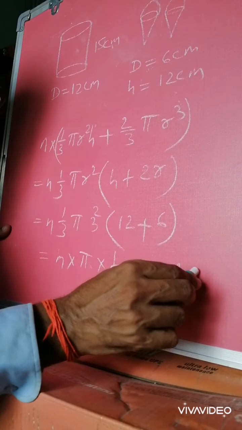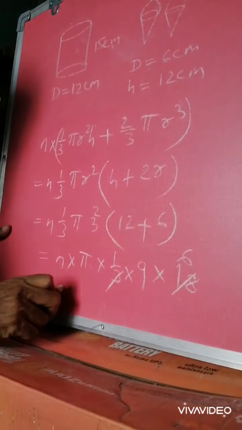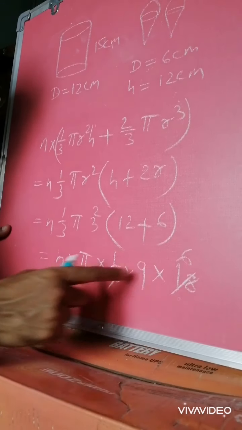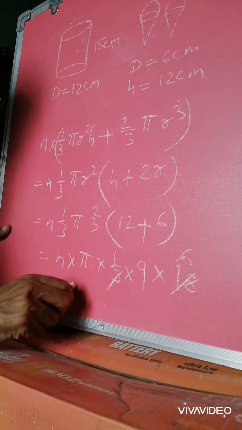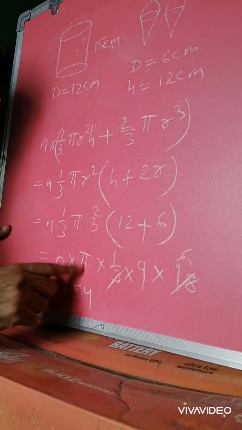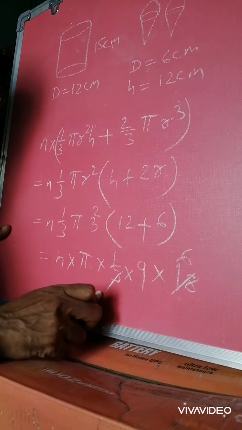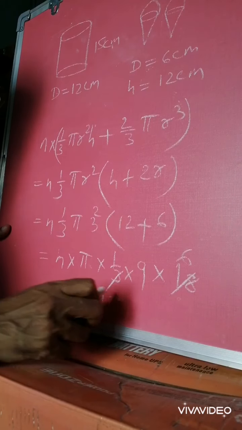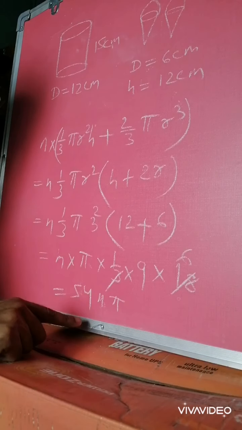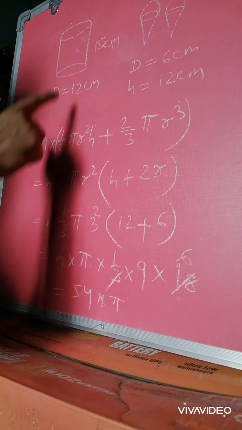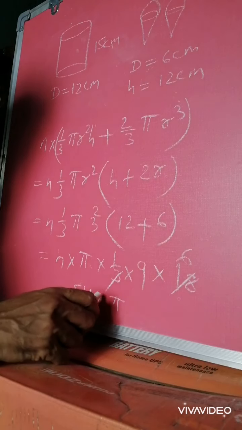So 6 times, therefore it is 9 6s are 54, n pi is the volume of all cone ice creams, and this is equal to the volume of the cylinder.